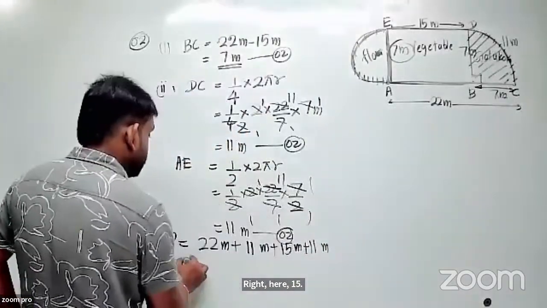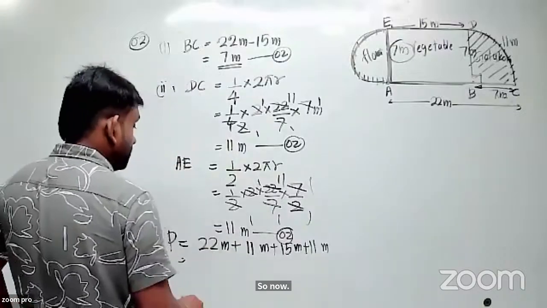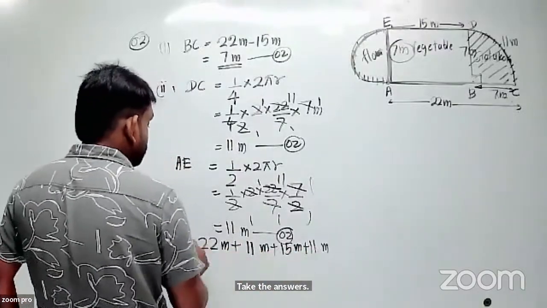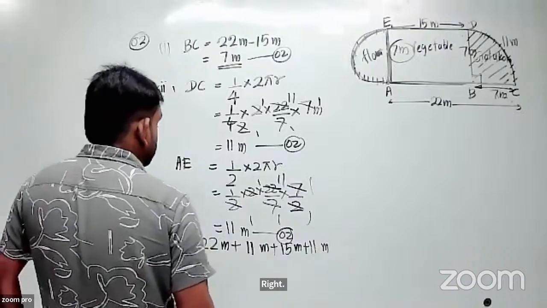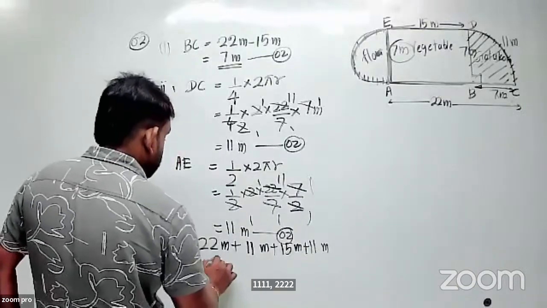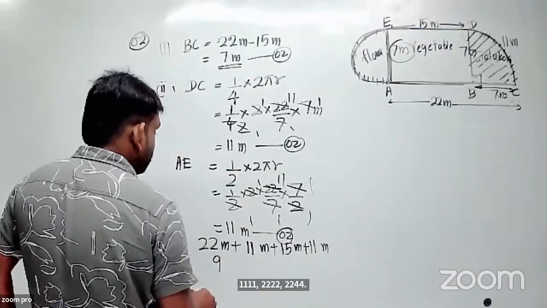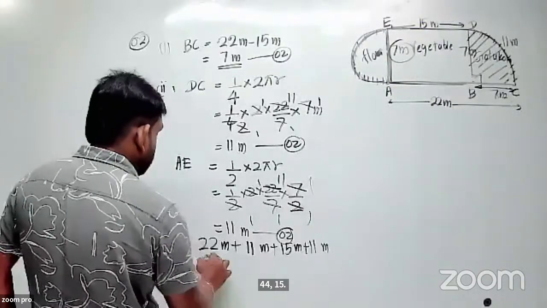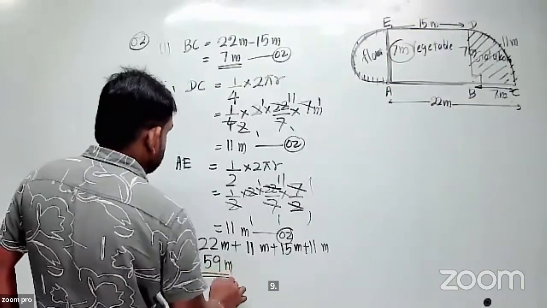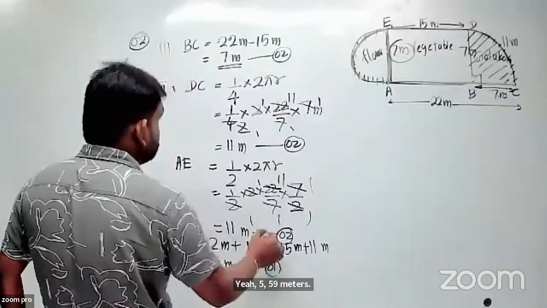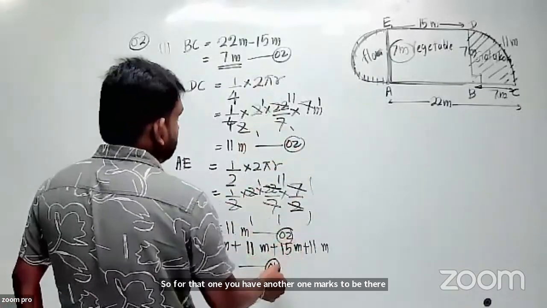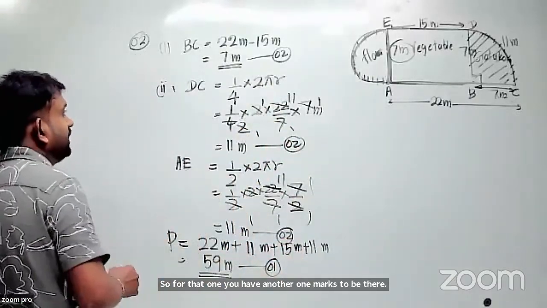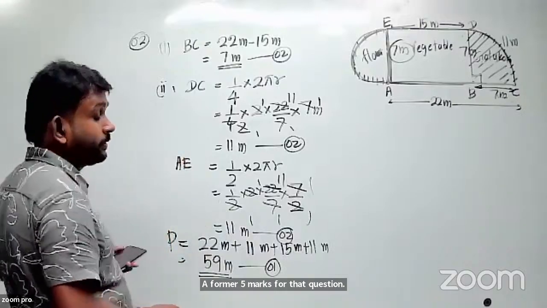So now take the answers. 11 plus 11 is 22, 22 plus 22 is 44, 44 plus 15 is 59 meters. For that one, you have another 1 mark, altogether 4 marks for that question, and 2 marks above.